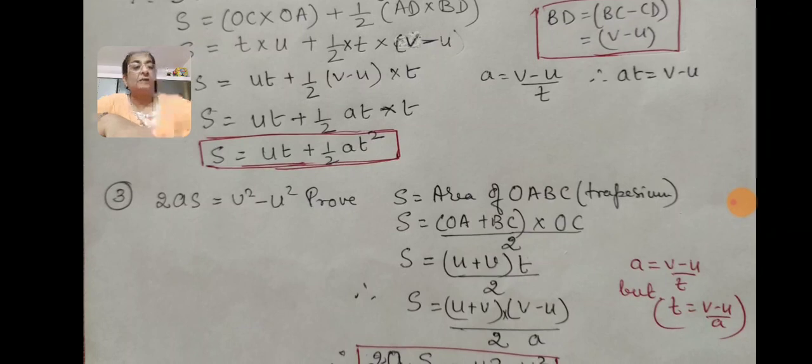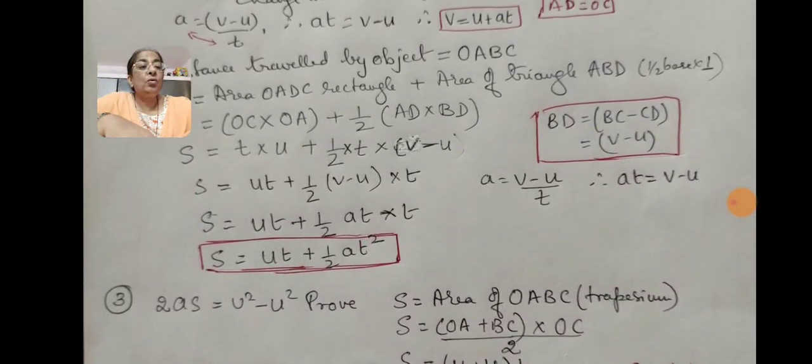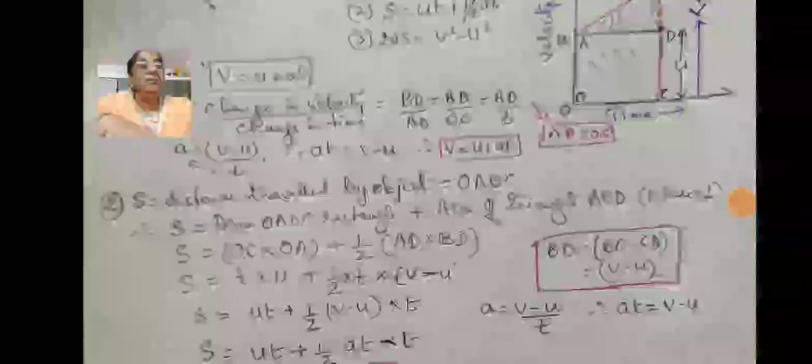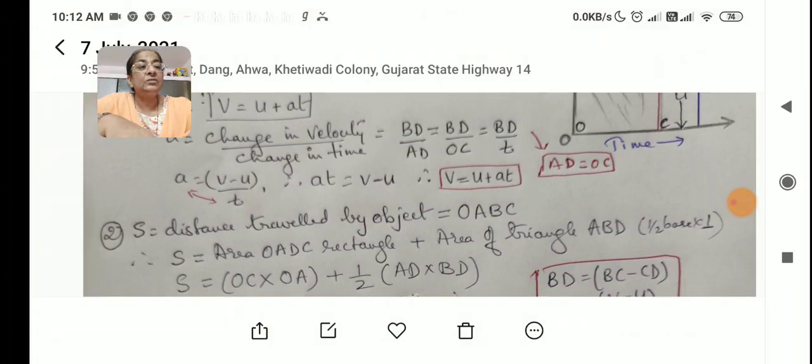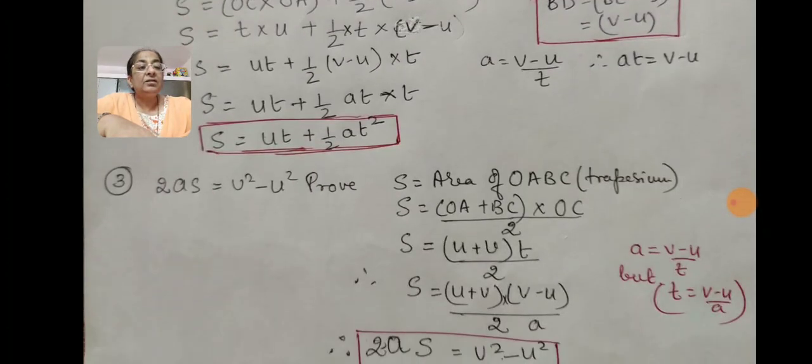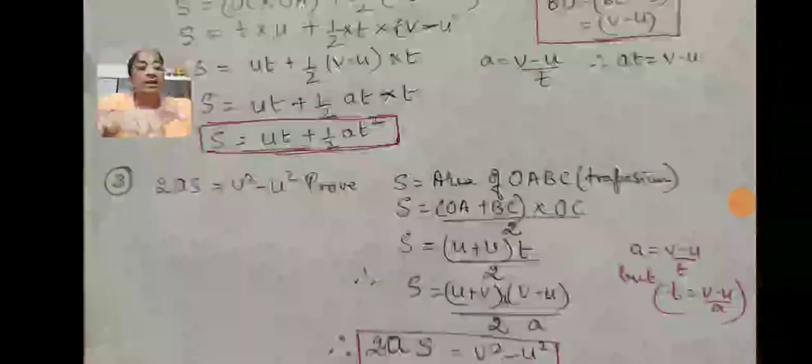This is an easy one. So s is equal to area of OABC, that is the whole area, trapezium. Therefore s is equal to OA plus BC into OC upon 2, the whole area.